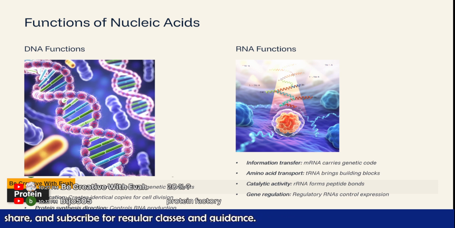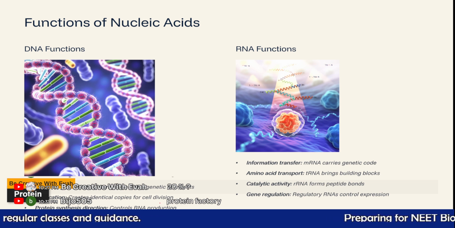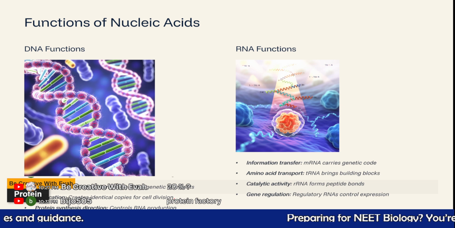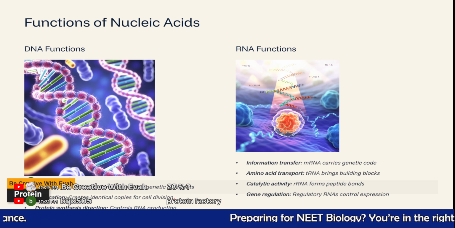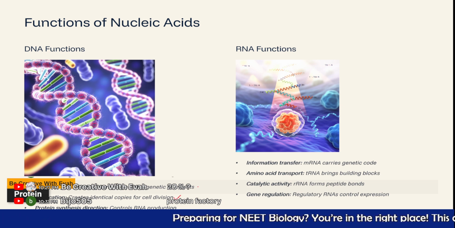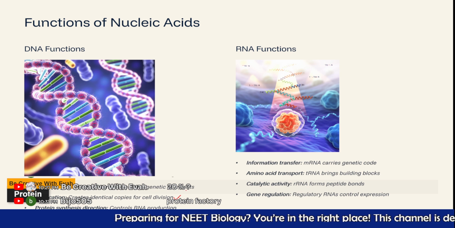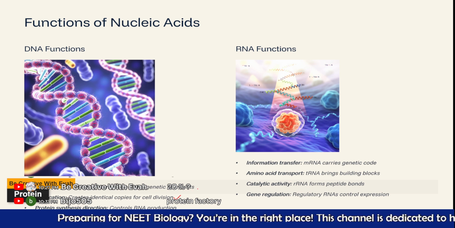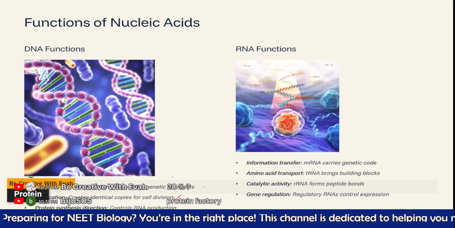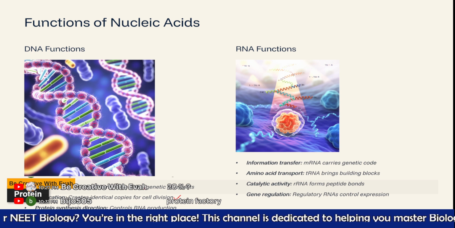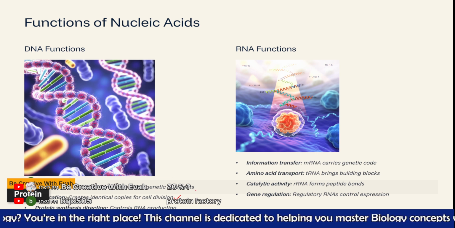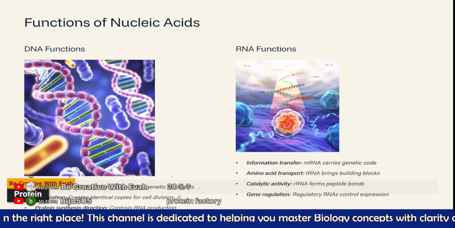That is called DNA replication. It creates identical copies for cell division. Also, for protein synthesis, the genetic code or message is given by the DNA. So these are the key functions of DNA.